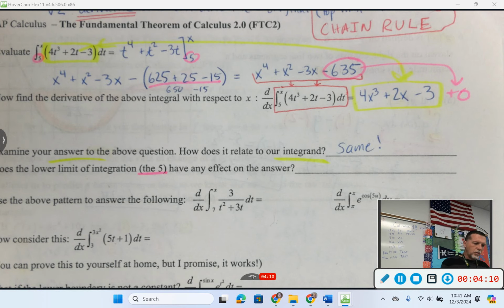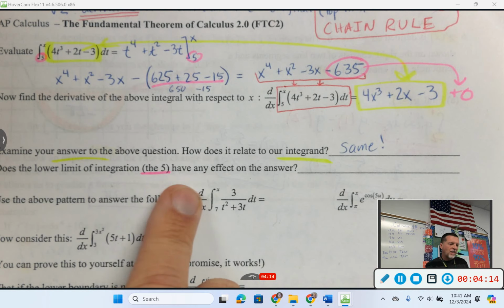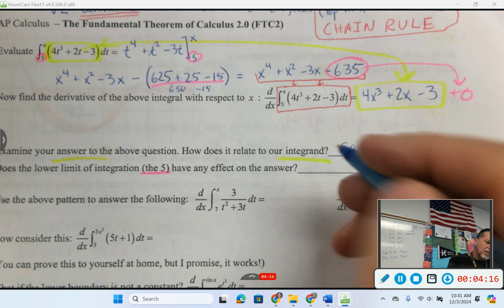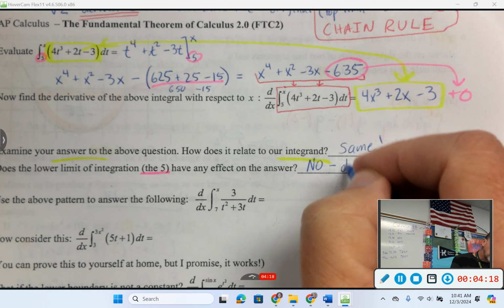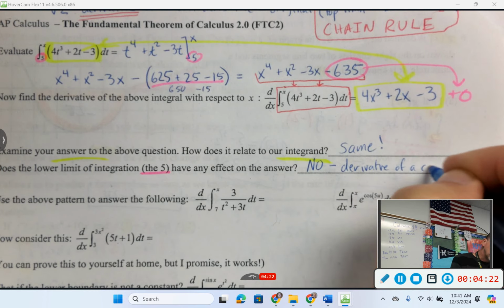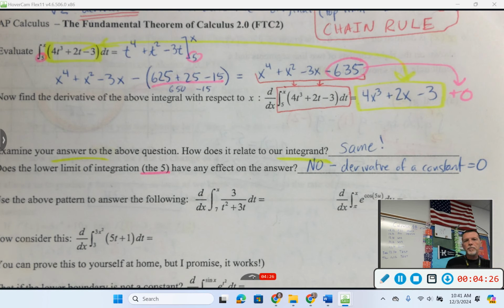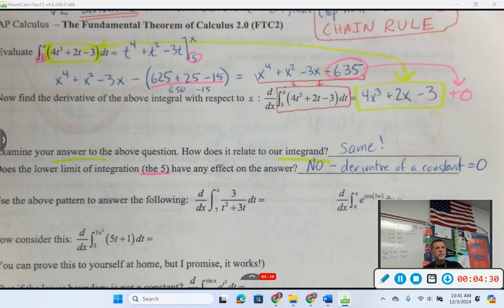So, answer the question. Does the lower limit of integration have any effect on the answer? No. Because the derivative of a constant equals 0. So probably moving forward, we're not going to worry about it because we know its derivative is 0.